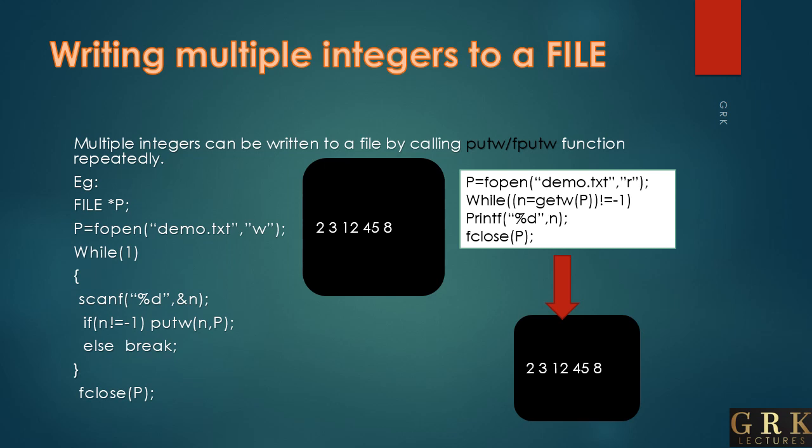While reading we get as it is what we entered, but if you try to open the demo.txt file and check, we cannot find these values 2, 3, 12, 45, 8. Instead, their corresponding ASCII values, some different garbage symbols, can be found, just as I told you in the previous slide.